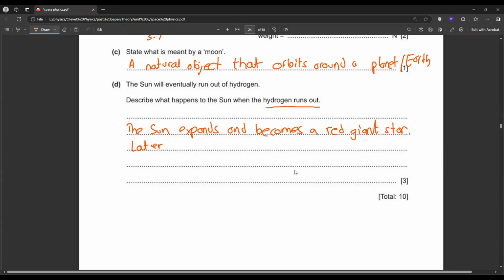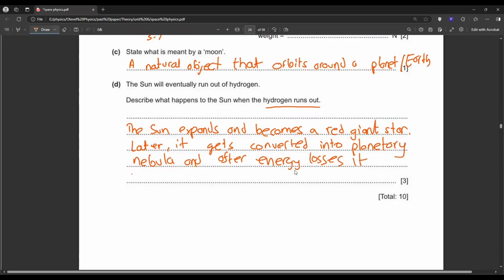Later, it gets converted into a planetary nebula, and after energy losses, it converts into a white dwarf. Simple as that, nothing complicated.